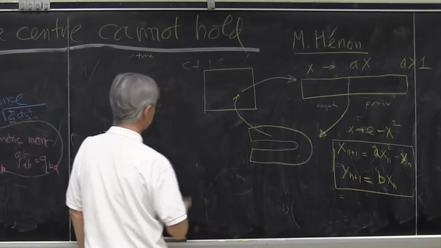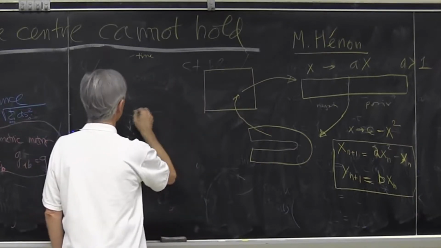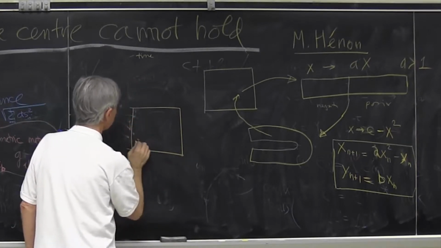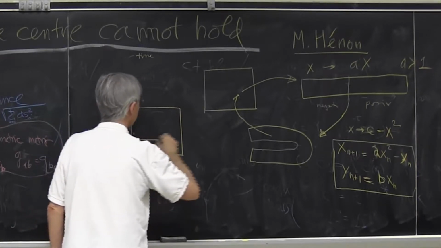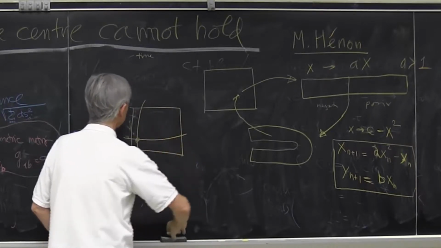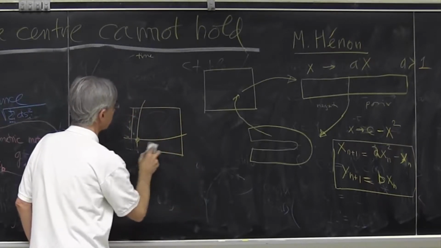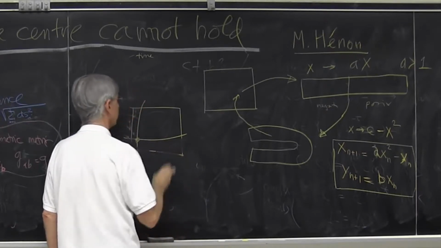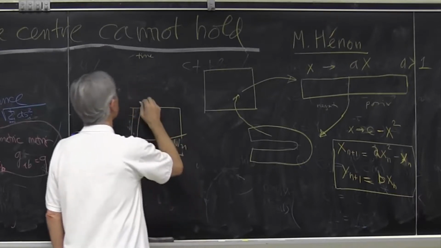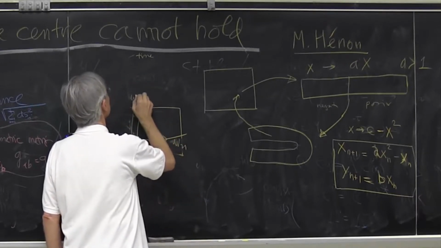Please read the book on this one, but what happens with this map is that if you take a fixed point someplace and you look at its unstable and stable manifold, you think about it and you discover you don't have to look at the stuff that's outside. All right, so this is W unstable, and this is W stable.